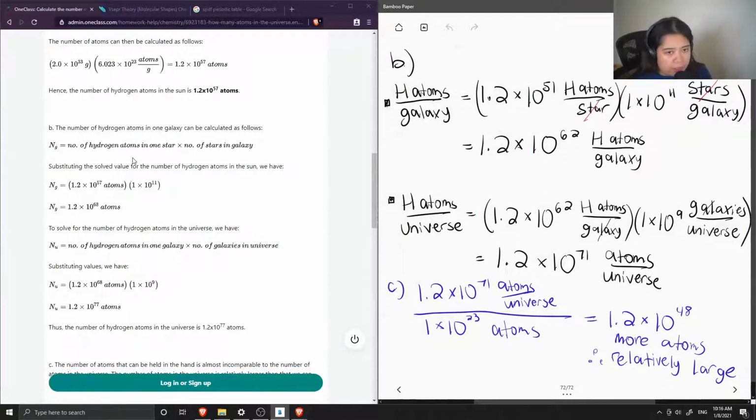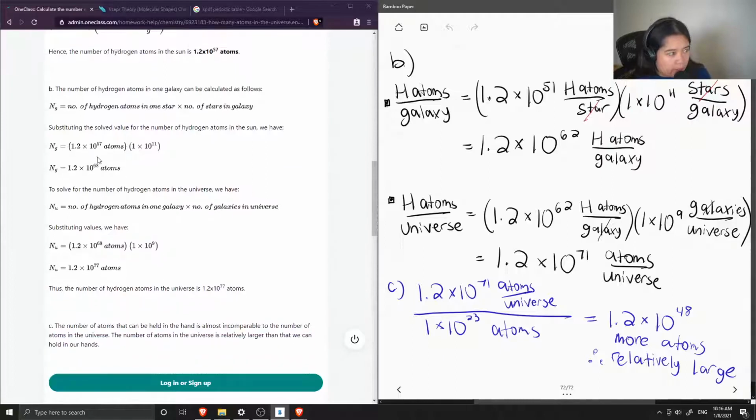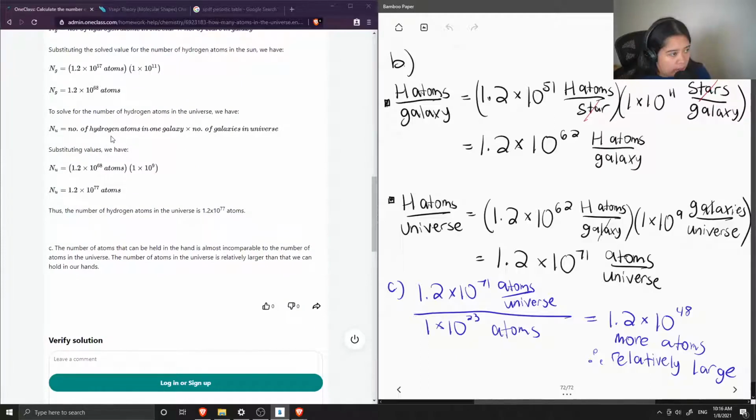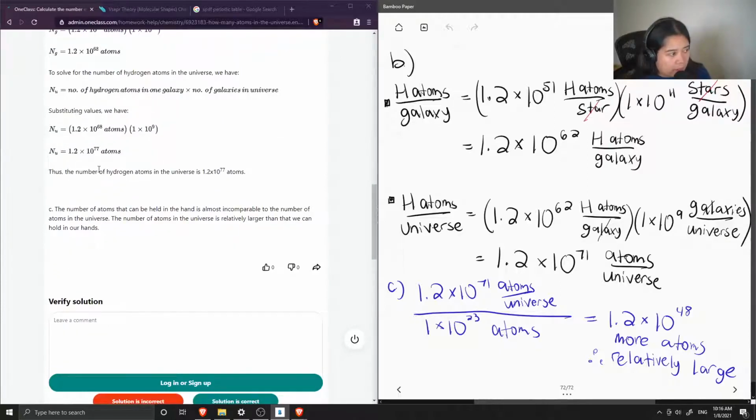So they multiplied 1.2 times 10 to the 57 in their case, times 1 times 10 to the 11 to get the number of atoms in a galaxy. And then they solved for the number of atoms in the universe. So then you multiply that value by 1 times 10 to the 9. And they got 1.2 times 10 to the 77.